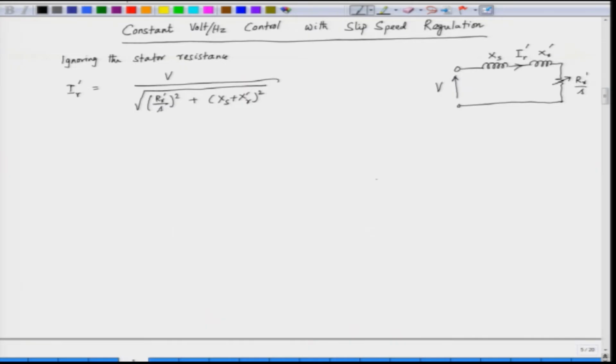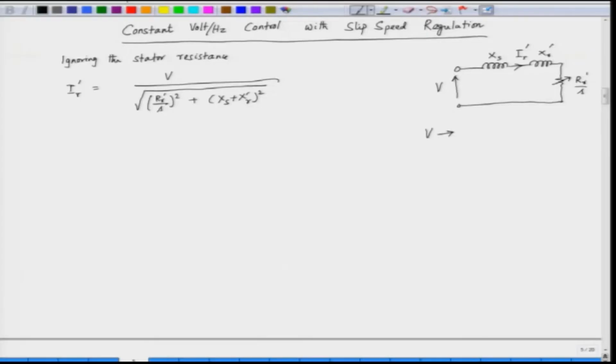seen from the primary side. Now, what we do here, we change both the voltage and frequency by a factor of k. So, the voltage is now replaced by kV, the frequency is replaced by k into f, so that V by f is constant.